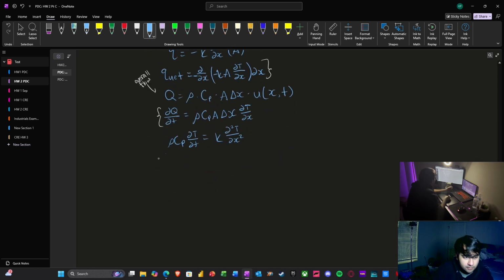Then we take this side and do k over density times heat capacity times d squared T over dx squared, and this is what we call our thermal diffusivity. So our dT over dt is essentially thermal diffusivity times our second derivative.